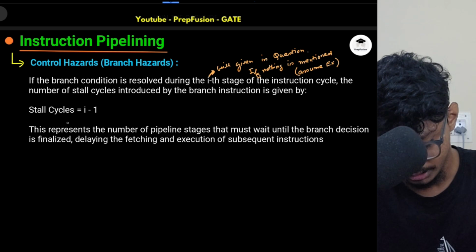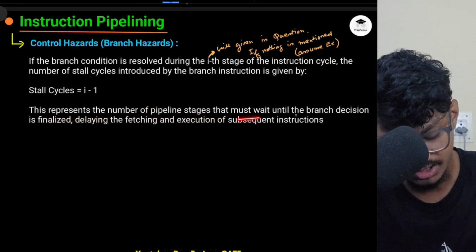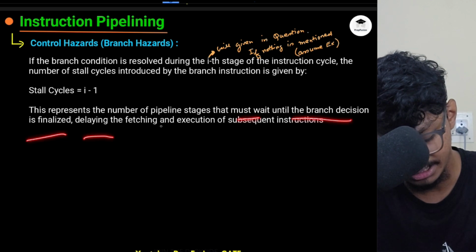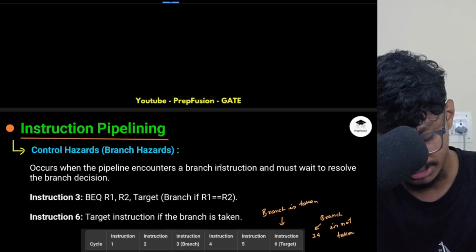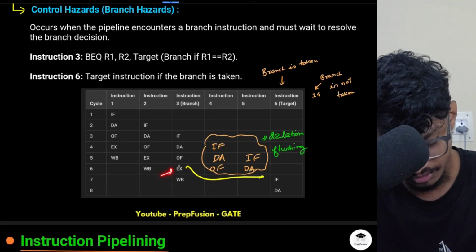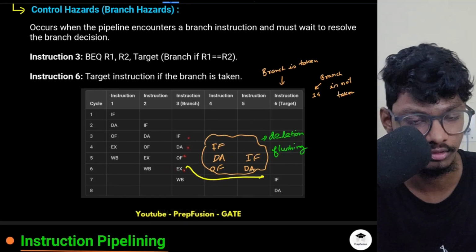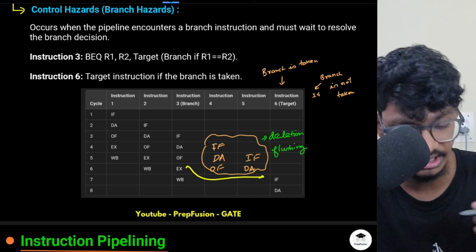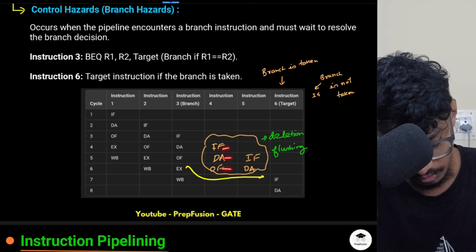The number of stalls represents the number of pipeline stages that must wait until the branch decision is finalized, delaying the fetching and execution of the subsequent instruction. So here, how many stall cycles do I need to provide? My evaluation of the branch condition was happening in the 1, 2, 3, fourth stage. So 4 minus 1, 3 stall cycles.